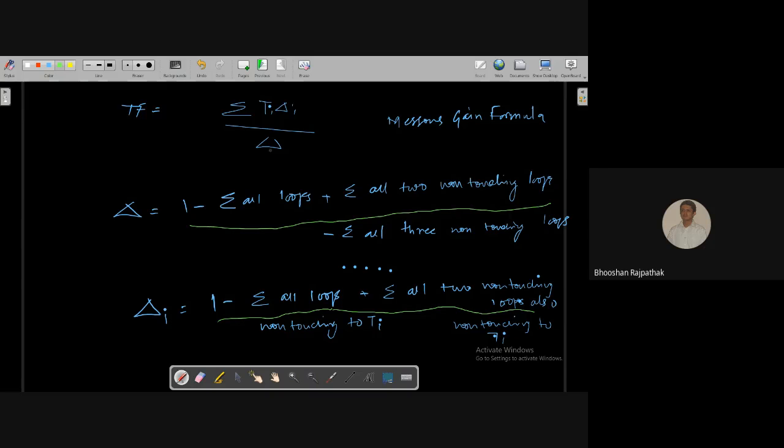So this kind of system will be there. So let's take one example, or I should say two examples. And these two are special examples.